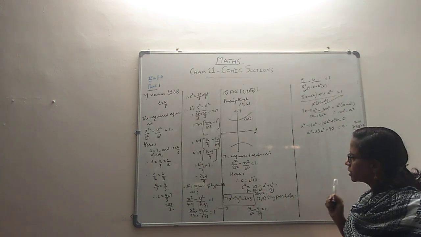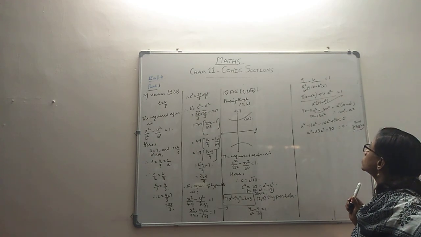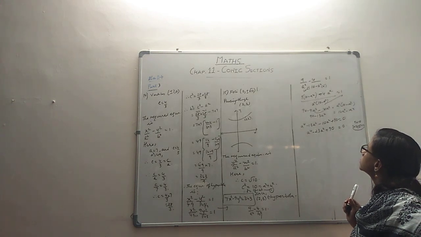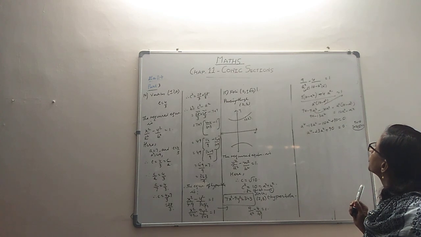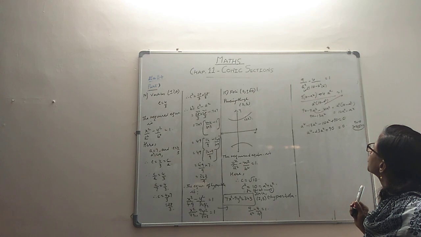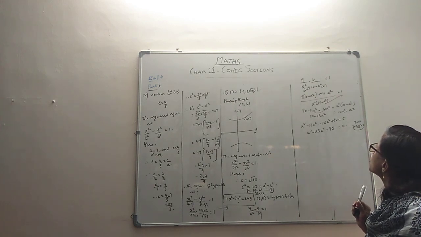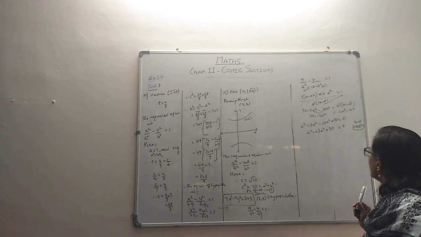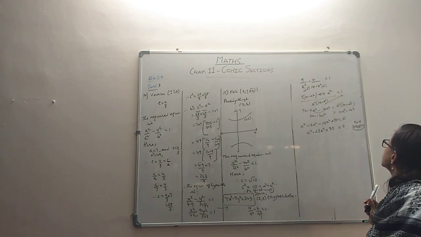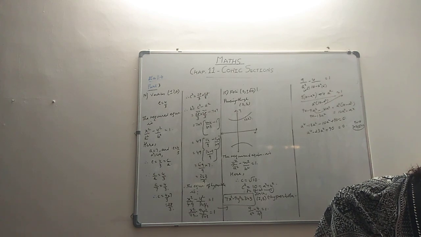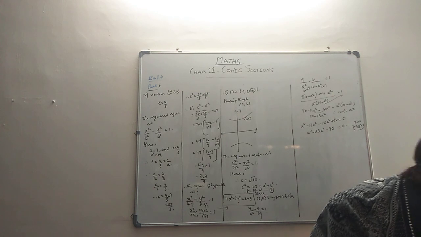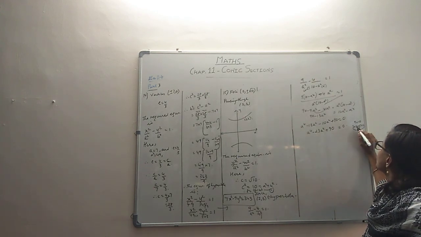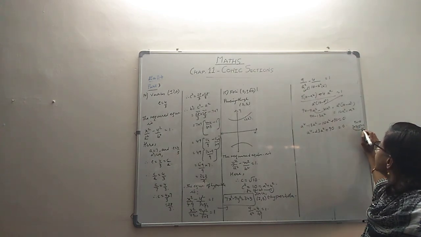This is y squared by a squared minus x squared, so 9 minus 4, all that is okay. 18 and 5, you could have it.